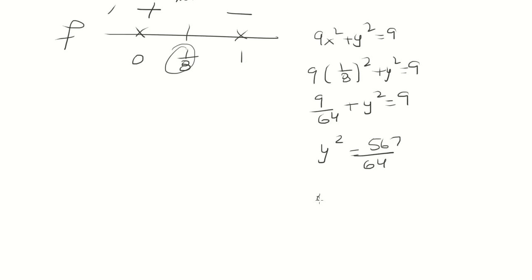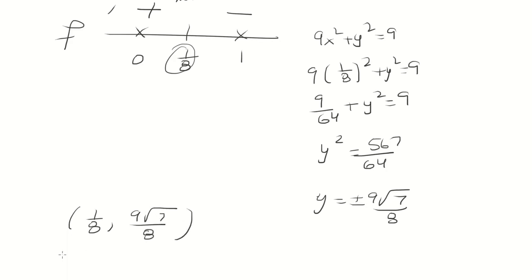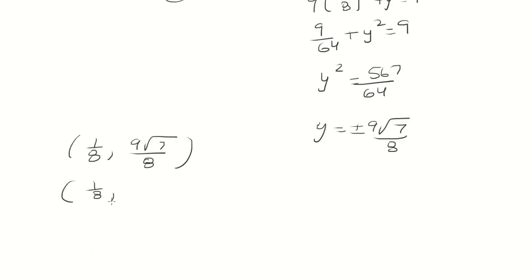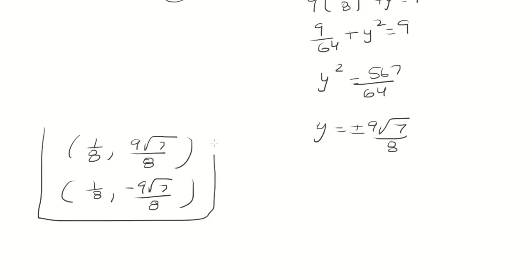Solving for y, we end up with plus or minus 9 root 7 over 8. So x is 1/8, and y is plus or minus 9 root 7 over 8. We'll write out these 2 points, and these 2 points are our final answer.